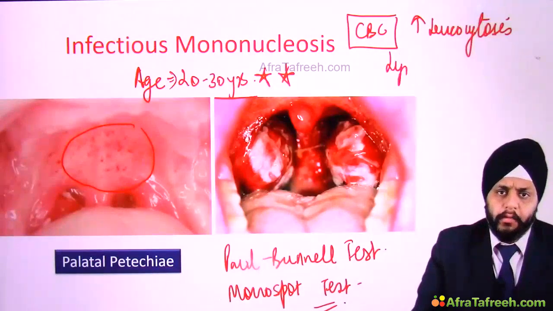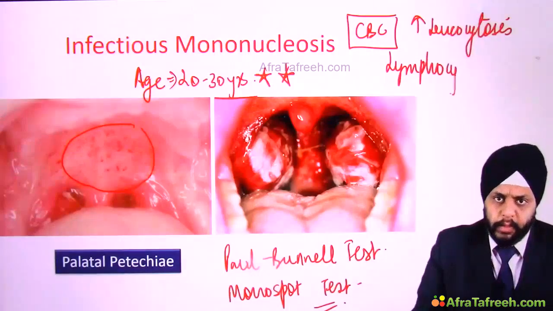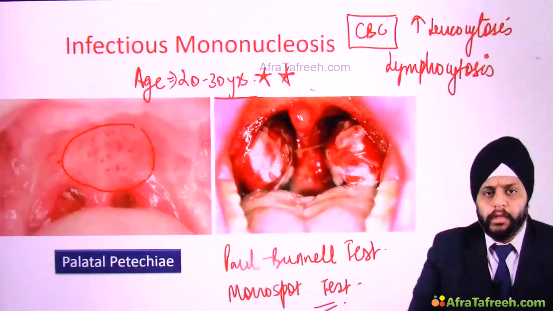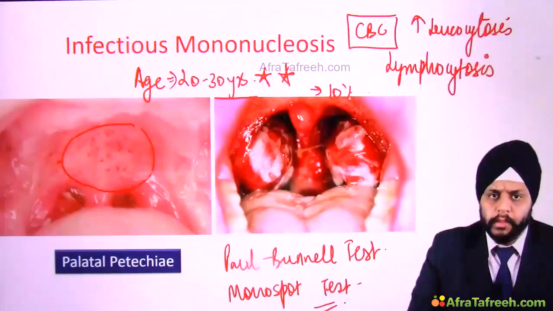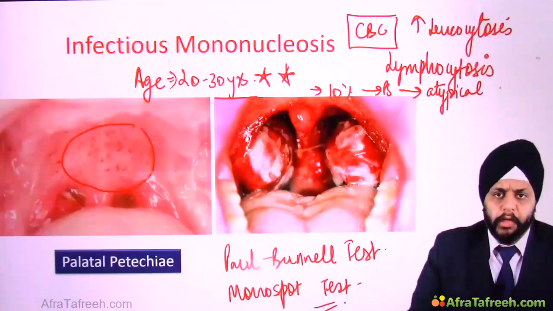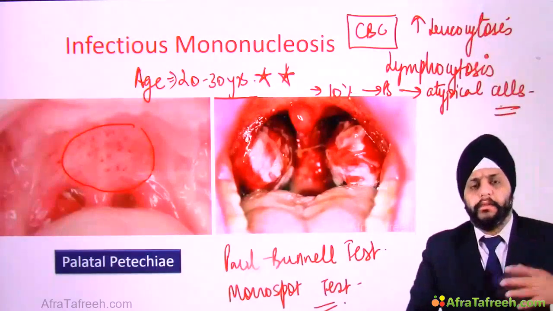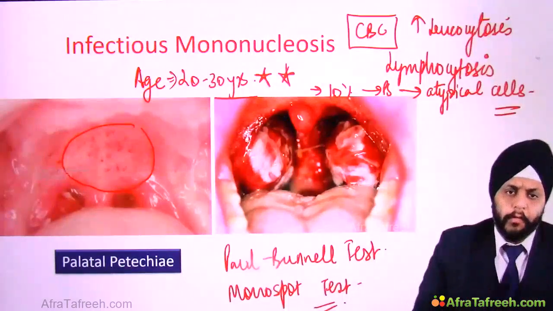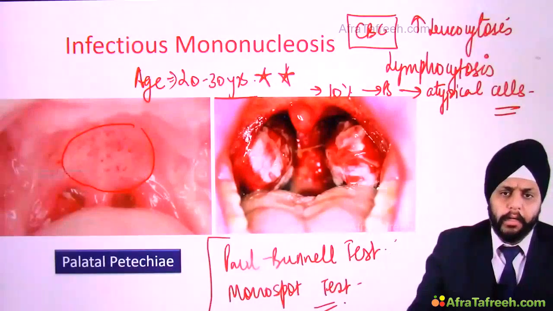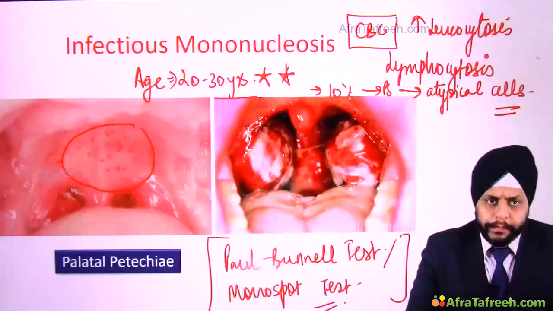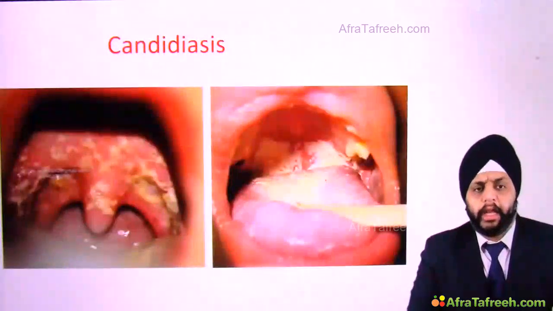In fact, the lymphocyte count is increased. Patient has lymphocytosis, and in the peripheral smear, 10% of cells will be atypical cells. So that points towards infectious mononucleosis. Of course, we can confirm by the Paul Bunnell test, also known as the monospot test or the heterophile antibody test.